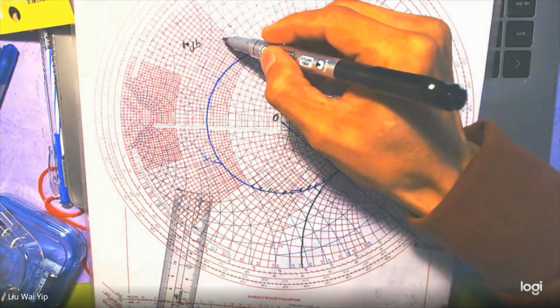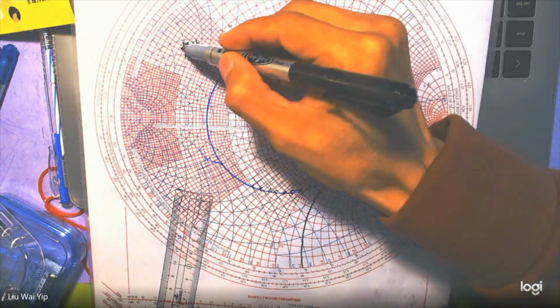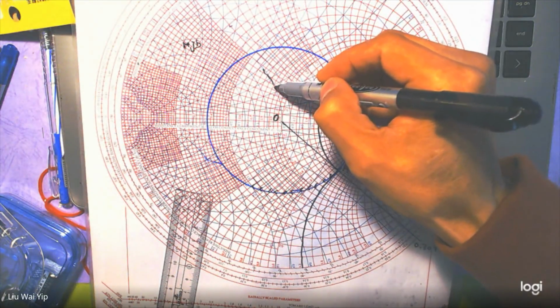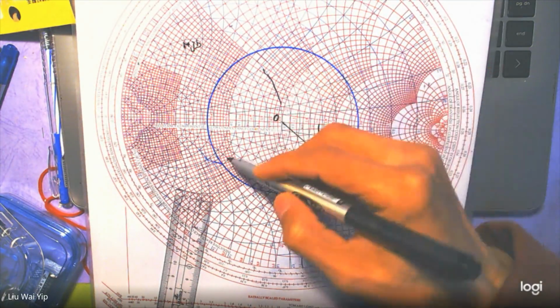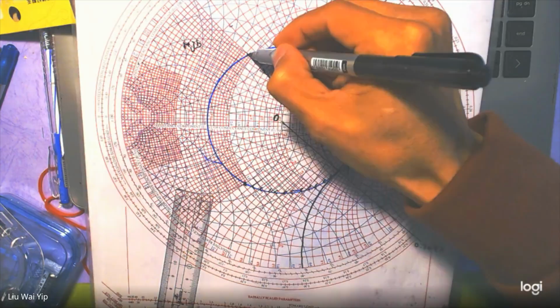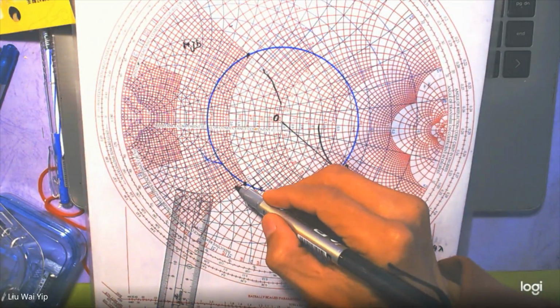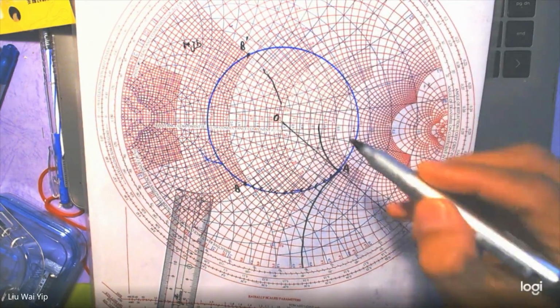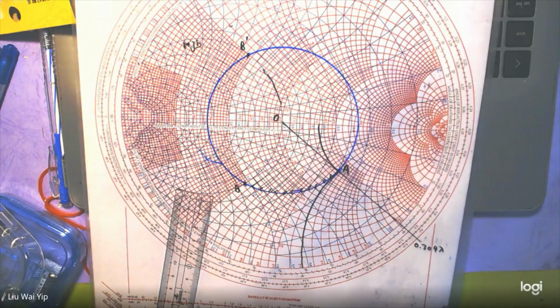So this is the 1 plus jB circle, this one. So I got one point here and another point here. Let's label this B, and this one is B prime. So you have two solutions.